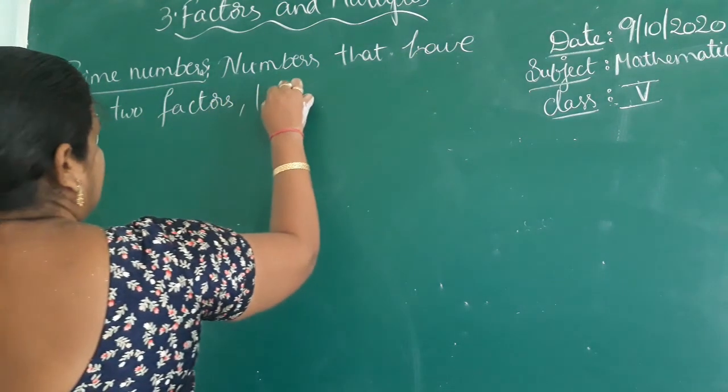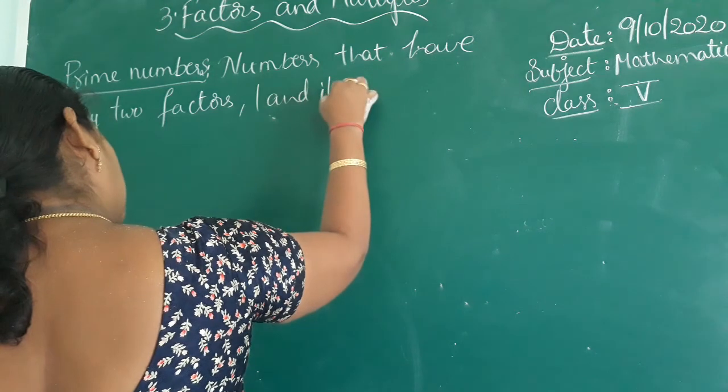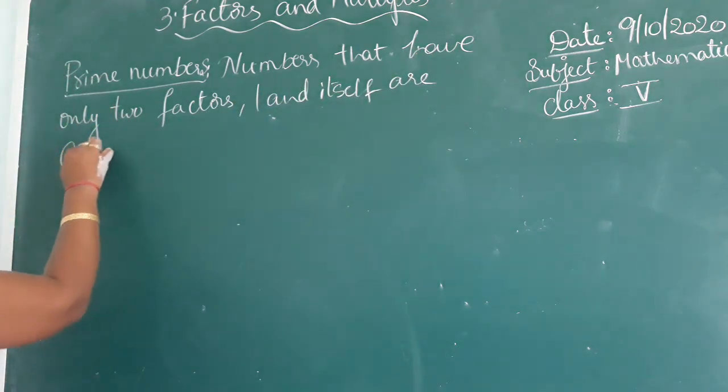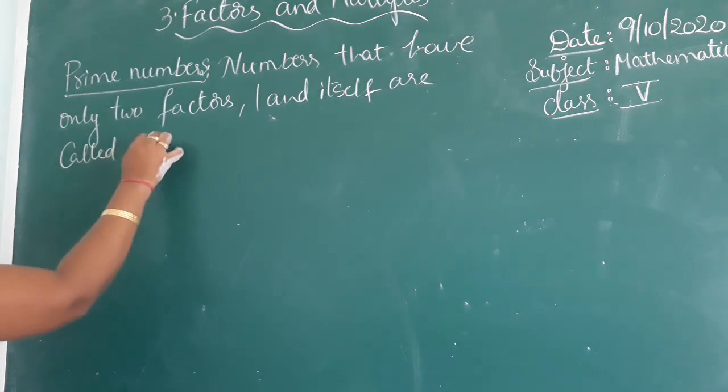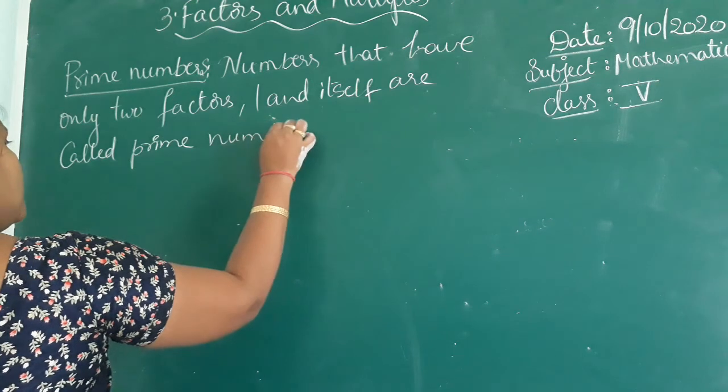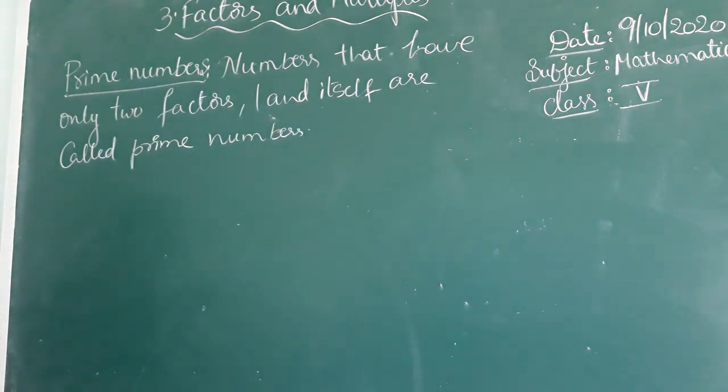One and itself. What are prime numbers? The numbers which have only two factors. That type of numbers are called prime numbers.